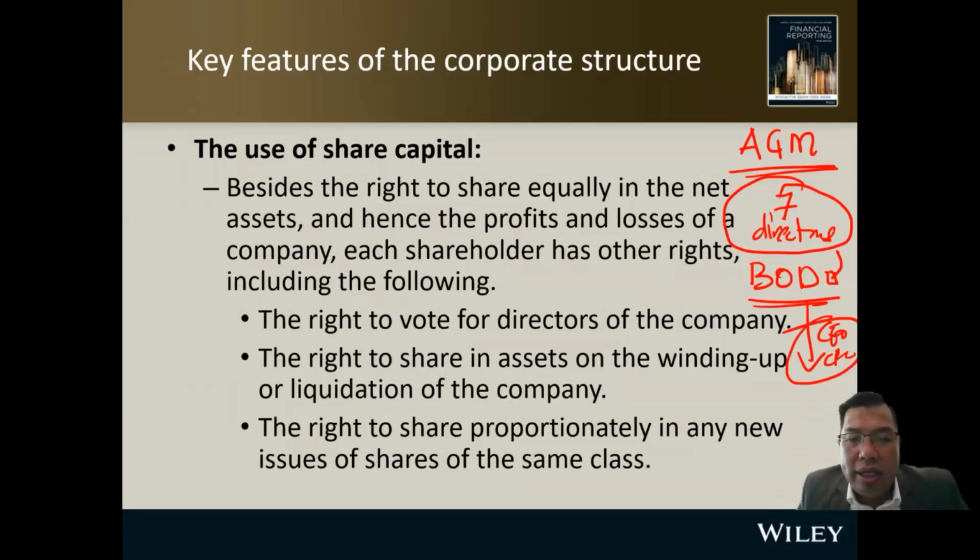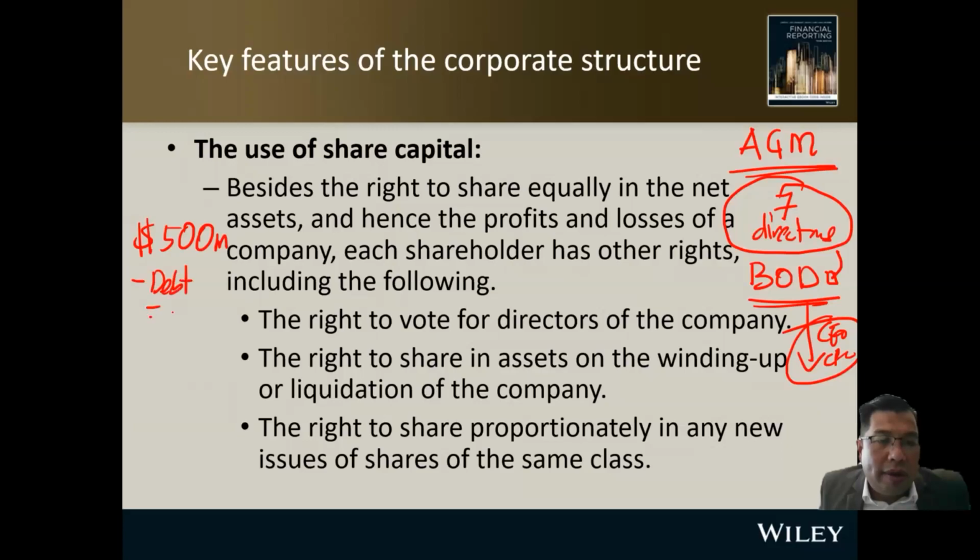Number two is the right to share in assets on the winding up or liquidation of the company, in case of bankruptcy or liquidation. Maybe you have 500 million, and you pay all the debt. We have many debts, long-term debt, mortgage, creditors, the utility companies, maybe you pay 350 million.